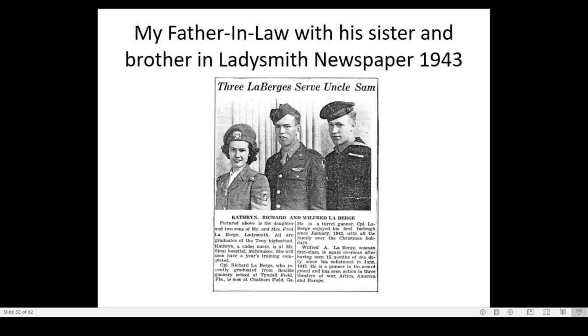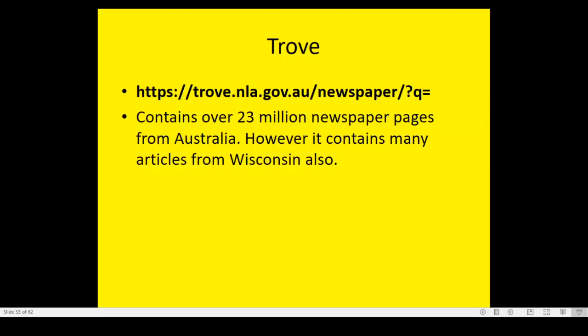My father-in-law, Richard, was a turret gunner on a bomber flying out of England. And Wilfred, or Donnie, they called him, was a sailor and had served in, I think, 3 different areas of the war. There's an article about it. That was neat. I had not seen that picture.